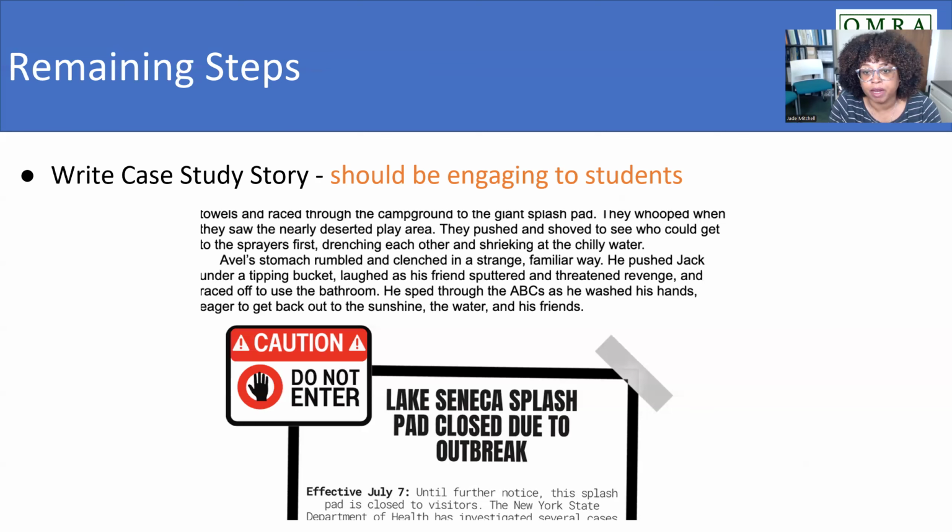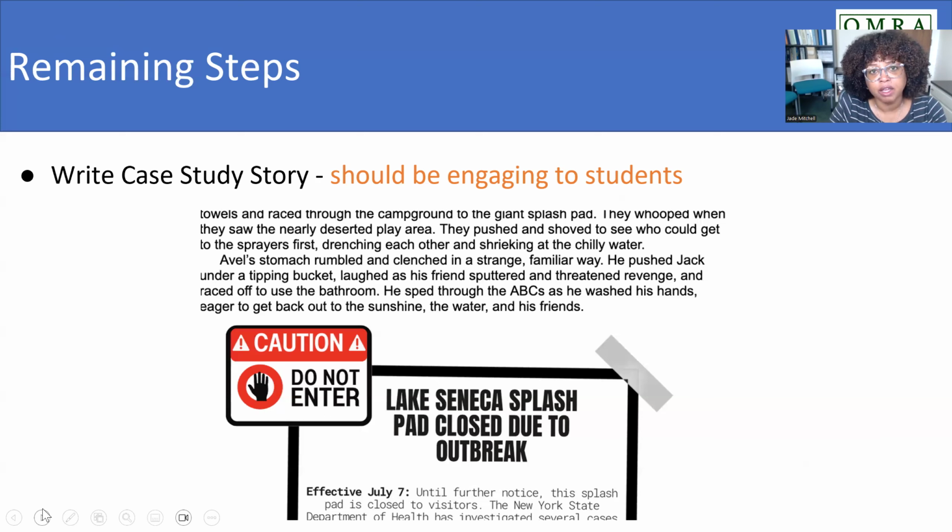Here we tell a story about our main character and how he was playing at the park after an illness, didn't realize he was still shedding cryptosporidium. Unfortunately, though he was following basic hygiene, the outbreak still occurred because it was basically washing off into the water as he was still excreting cryptosporidium.